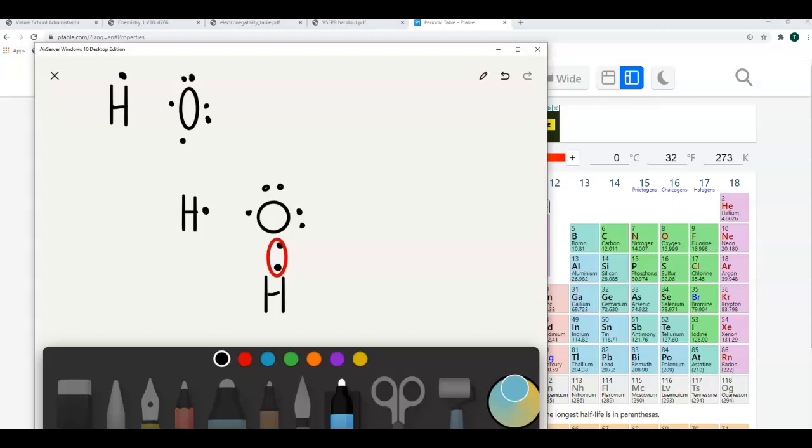Hydrogen has its single, unpaired electron, so these will also form a bond. And how do we draw a covalent bond between atoms? We use a line. So this is going to be our line between this hydrogen and this oxygen, and we'll draw one down here too.